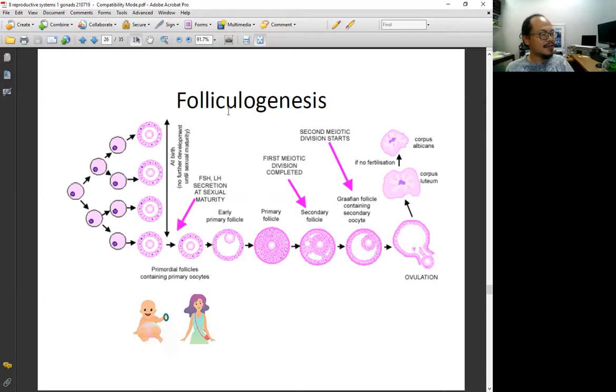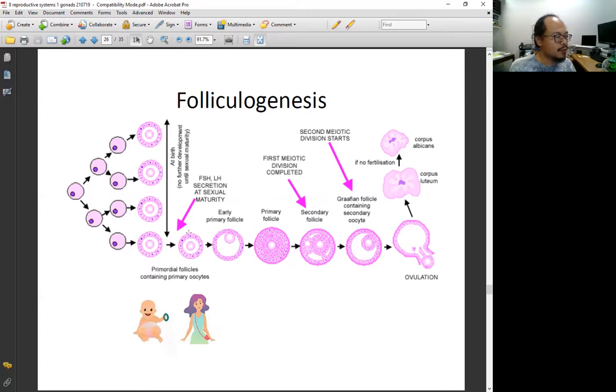This is called folliculogenesis. This happens only after puberty, only after we have the level of FSH and LH above the threshold. Then that will stimulate the granulosa cells as well as the theca cells to stimulate this follicle development.